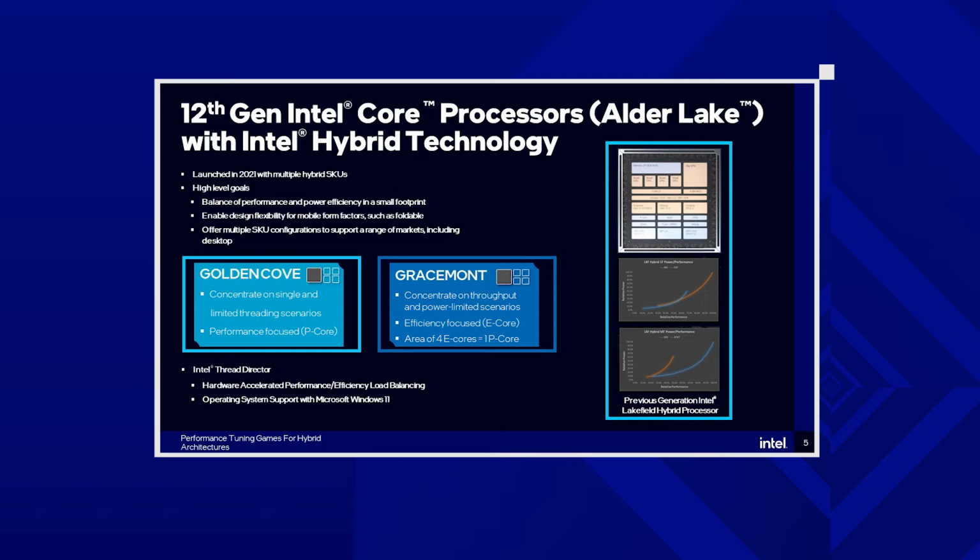So we could fit four times the amount of Gracemont cores on the die that we can Golden Cove. This also contains Intel Thread Director, which is a hardware accelerated scheduling system, and it provides operating system support with Microsoft Windows 11, and we'll get into that in a minute.